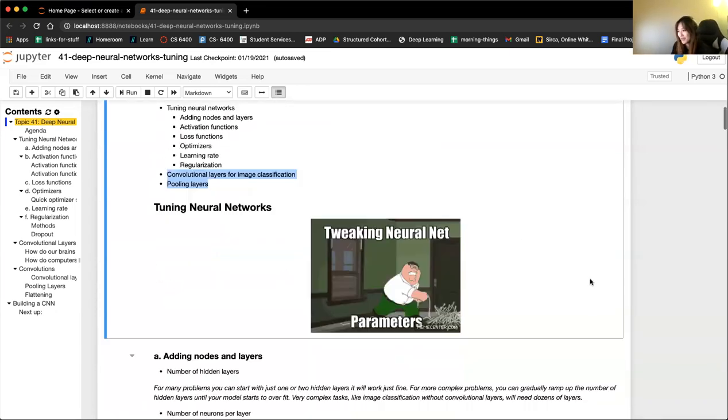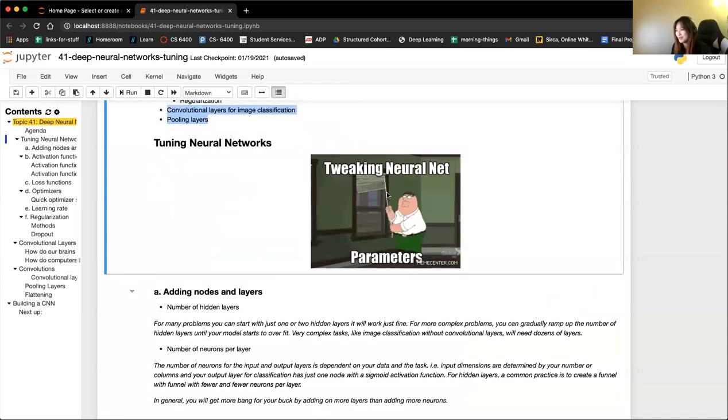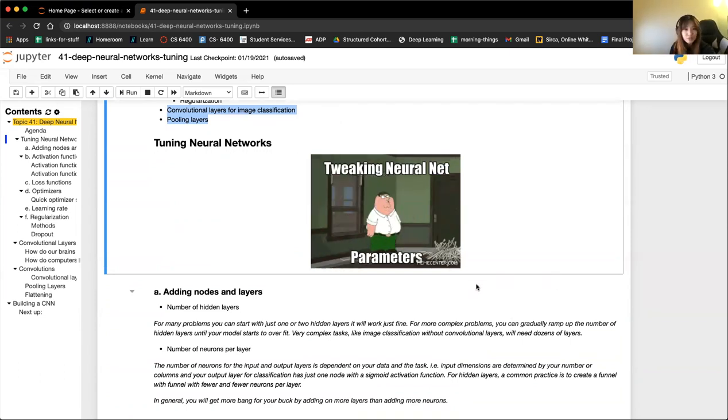All right, so let's get into some of the things that we're going to tune. Tweaking neural net parameters. I found this GIF. I think it is very indicative of what that process is like. It is not easy. It's hard to tell what changes you make in a neural network will lead to how much improvement.